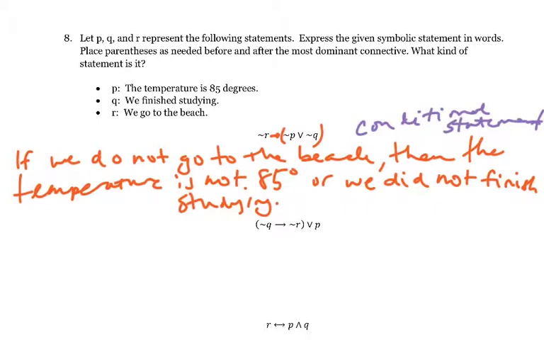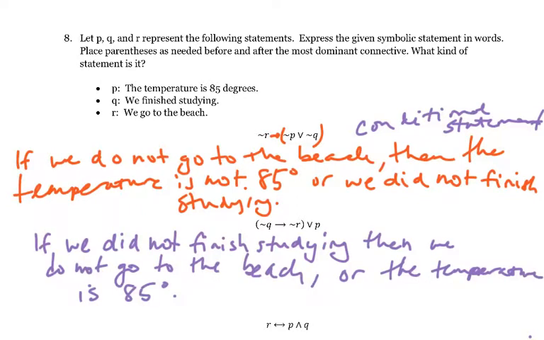We have the conditional in parentheses, so therefore that's the first part of this disjunction. So when we write this out, remember we have to be careful with our commas. Now this one reads a little weird, but if we did not finish studying, then we do not go to the beach, or the temperature is 85 degrees. So this seems a little nonsensical, but that's how we translate that.